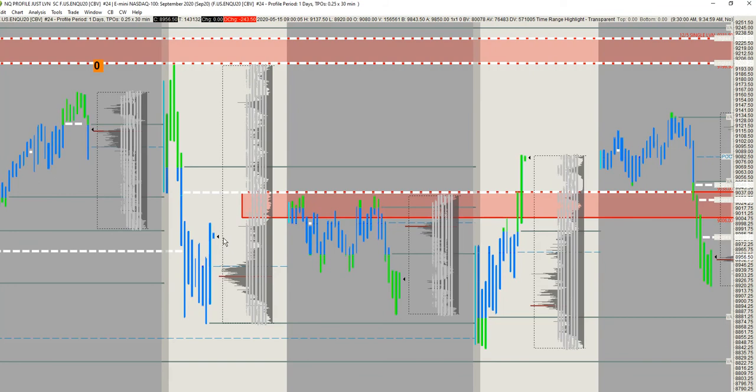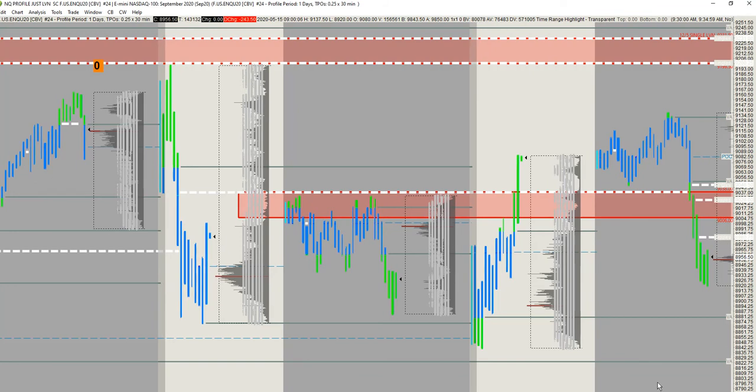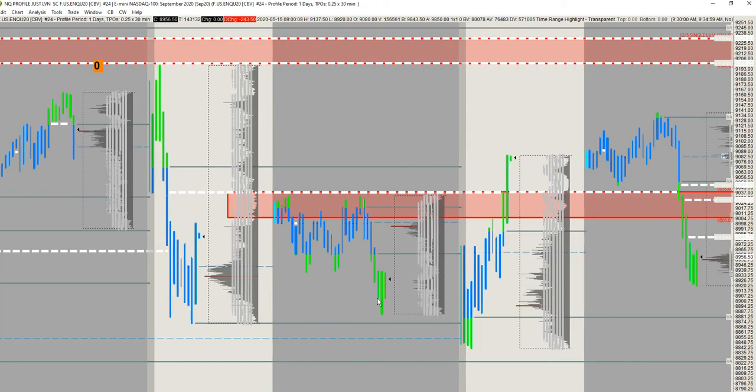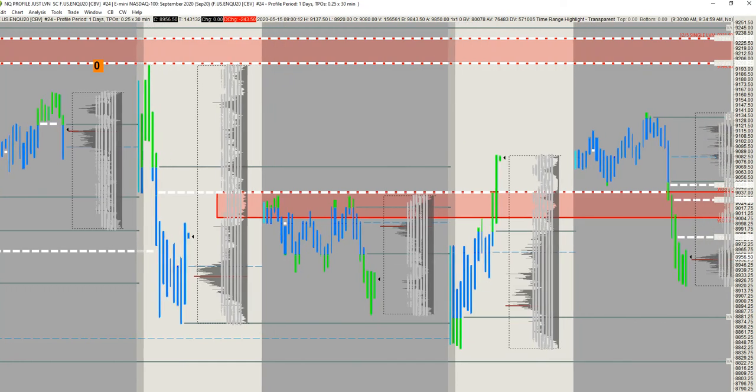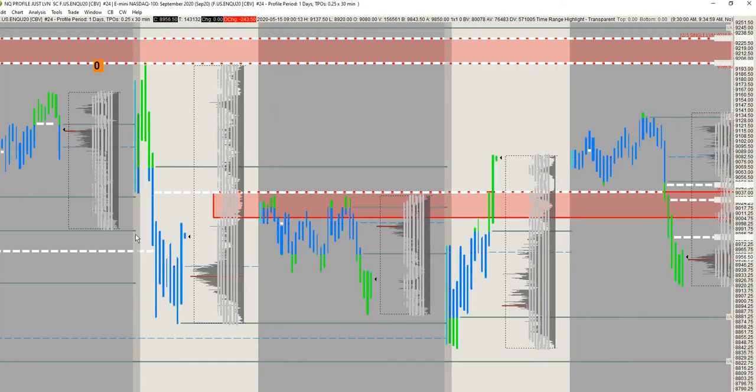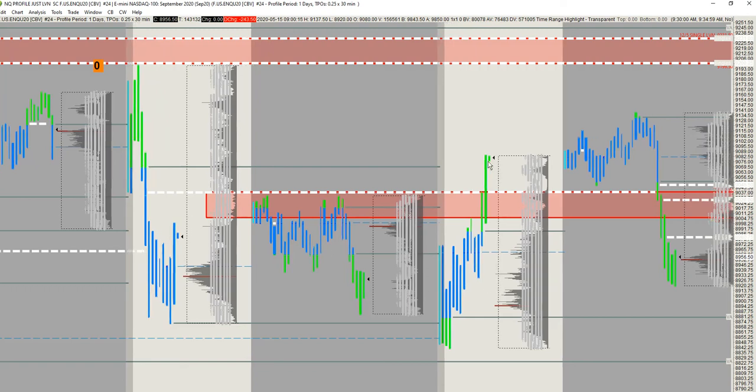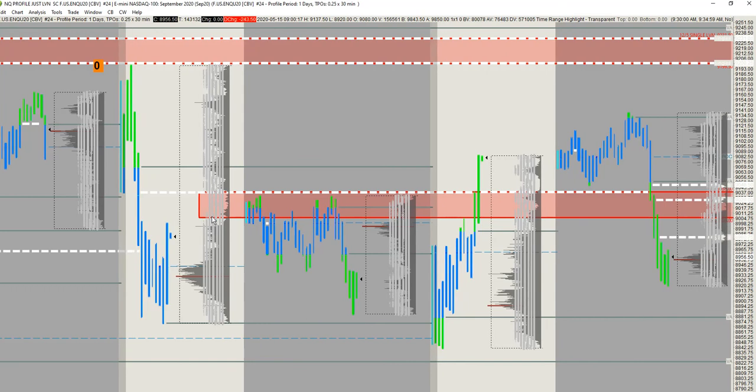So we had a close here below that zone, and overnight we basically traded much below that zone very clearly. And then we have value here, not a huge change, still overlapping to lower, but we closed above that zone from the previous day, right?